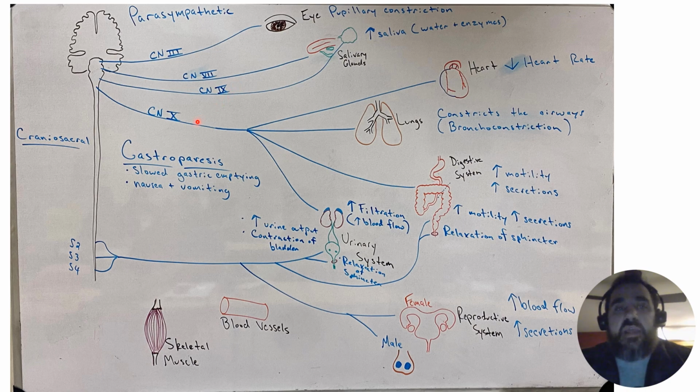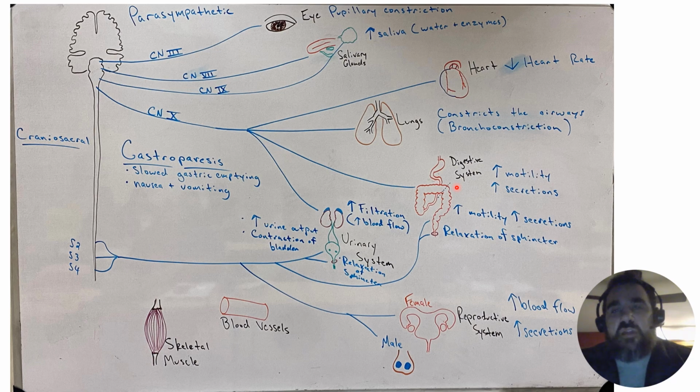Now, cranial nerve number 10, the big one, the vagus nerve. This is going to innervate the heart, the airways and lungs, the digestive tract, and the kidneys. The digestive tract cuts off at the splenic flexure.